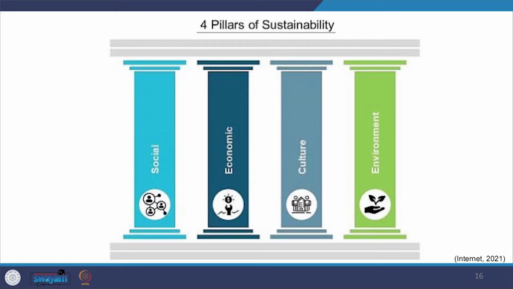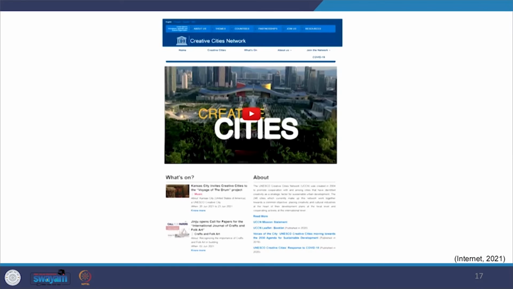In the World Summit on Sustainable Development, Johannesburg in 2002, it was underlined that in addition to the three pillars of development, economic, environmental and social, there is a fourth, the cultural pillar, and diversity today is considered a collective strength. We also see that UNESCO, through the Global Alliance for Cultural Diversity, formulated the network of creative cities in 2004. We may see the snip of their website for this initiative.